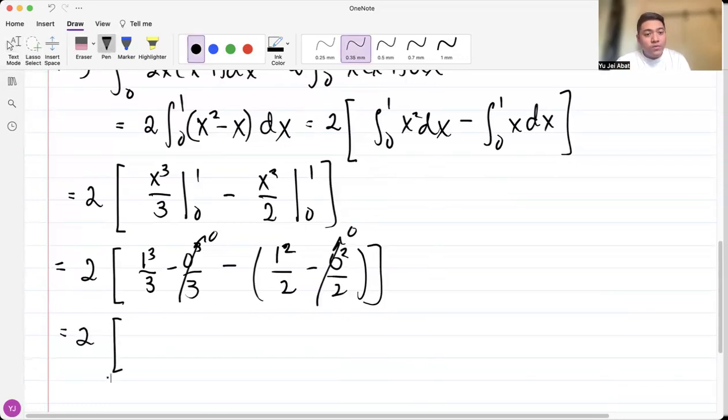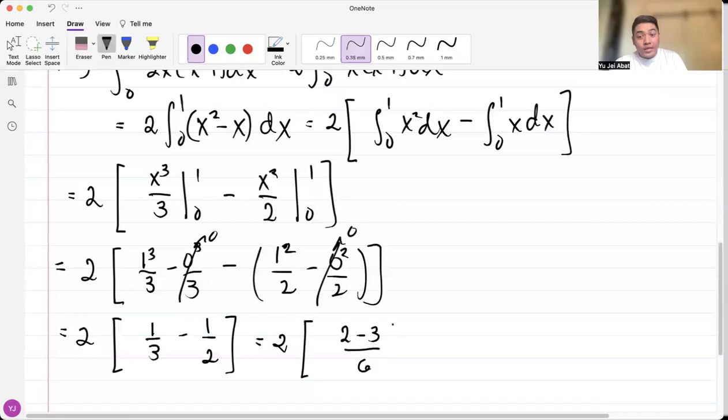So we have 1/3 minus 1 squared all over 2, that's 1/2. So technically, we'll be having here 1/3 minus 1/2. And we know that 1/3 minus 1/2, by cross multiplication, becomes 2 minus 3 all over 6.